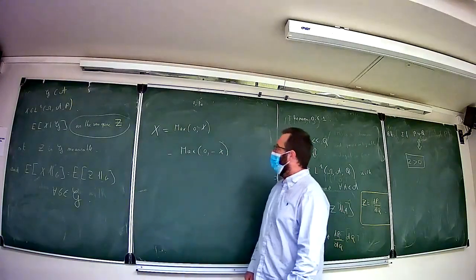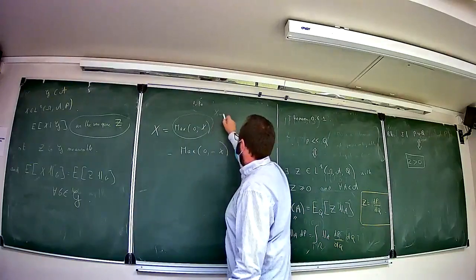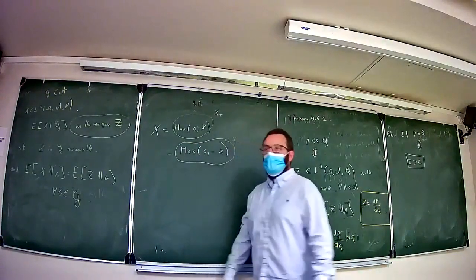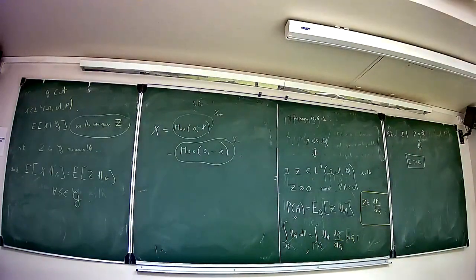Okay? And this one is what we call in general x plus, and this one x minus. It's something that you can keep in mind. Sometimes it may be useful that you can write any mapping, and a priori also any random variable, as the difference of two positive mappings.